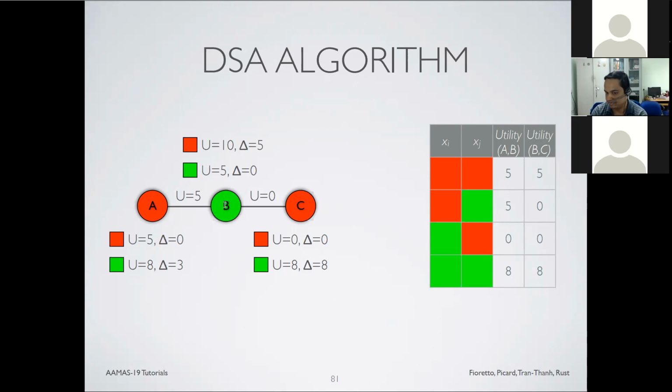If A red, B red, 5. B red, C red, 5. So 5 plus 5, 10. What could be the improvement? Earlier utility was 5. Now the new utility is 10. So the improvement is 10 minus 5, 5.